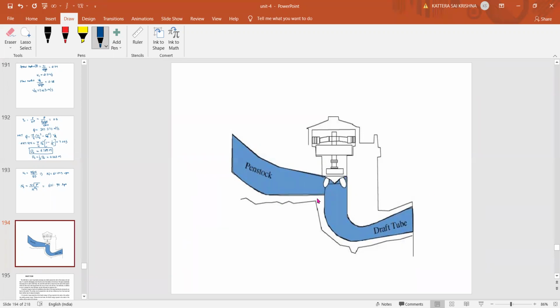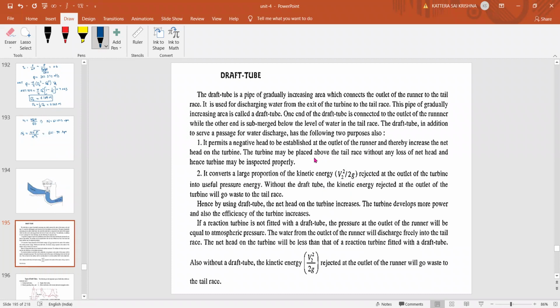A draft tube is a tube of varying cross-sectional area connected at the outlet of the turbine, through which the water should come out, right? The cross-sectional area will be different at any section, like a conical shape or many other shapes.